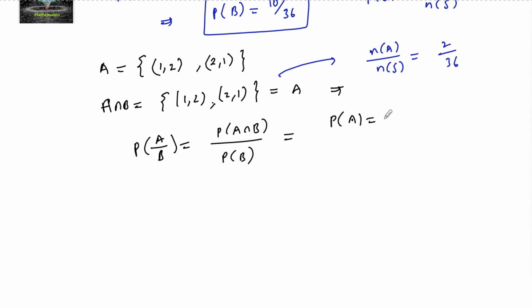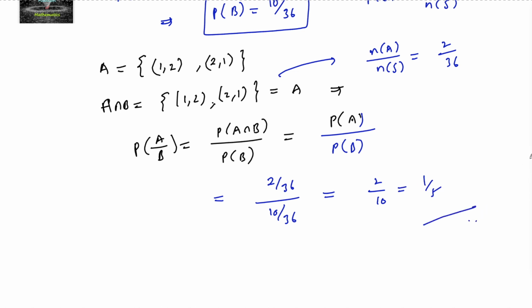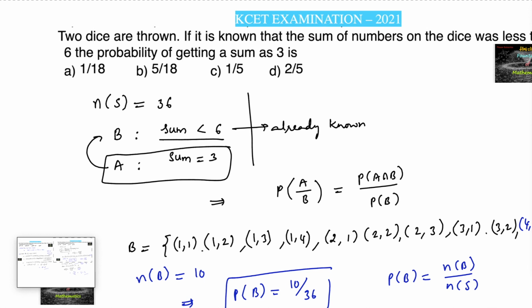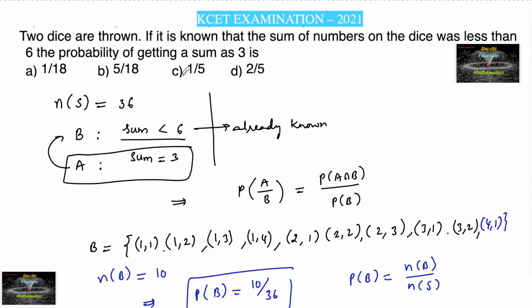So P of A is 2 out of 36 upon P of B, that is 2 out of 36 upon 10 out of 36, which is equal to 2 out of 10, that is 1 upon 5. So 1 upon 5 is the answer, which is the third option. So the third option is the right answer.